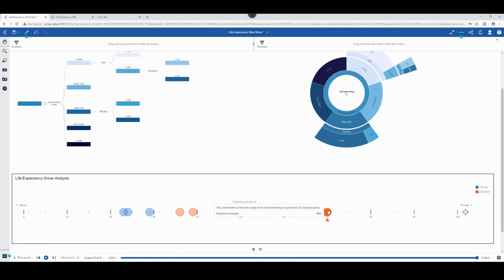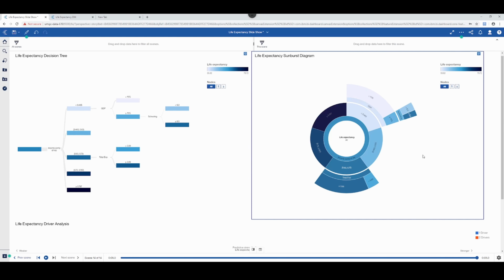You can see here the strongest two drivers is the Human Development Index and how many years in school. The next two are the Human Development Index and the GDP. The strongest single one is the Human Development Index.